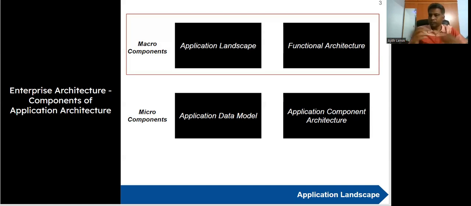It could be any kind of flows we can represent. We'll look at how we can do that. But the purpose of the functional architecture is to capture how we're going to realize the business architecture using the application architecture. And then next week, we'll go into the micro components, which is about how we're going to architect each of these applications.